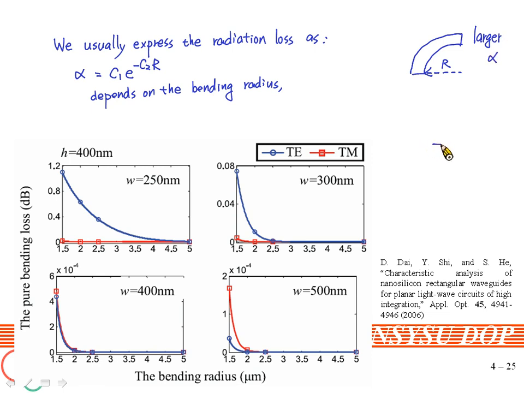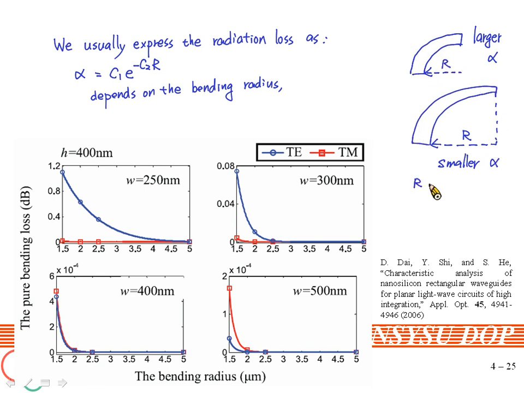However, you may say, how about increasing R? If you increase the bending radius R, of course, you will have a smaller alpha value. But you can see, for larger R, the device will occupy a larger area compared to this one.